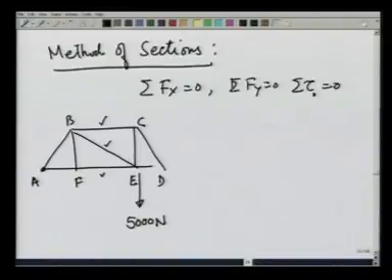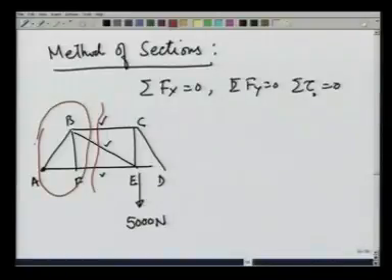What one would do in that case is make a cut through these members and look at this section of the truss and see how this is in equilibrium. In particular, if I make this section, I made a cut here, I made a cut here, and I made a cut here.